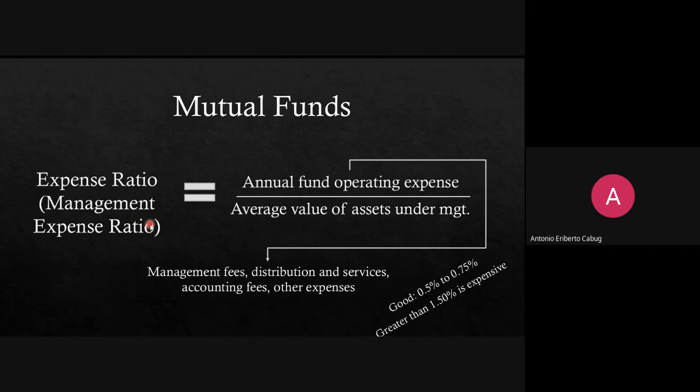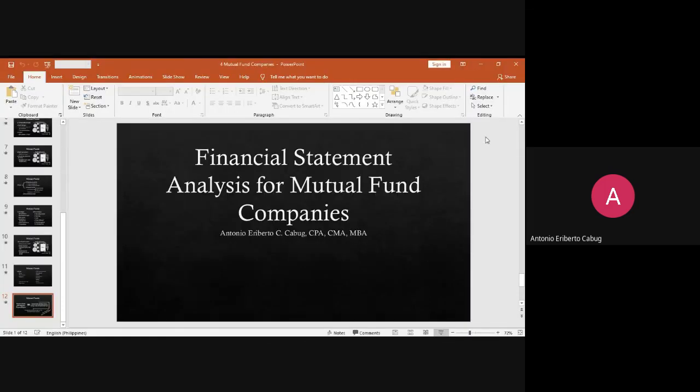The acronym is KIDS. Their monthly KIDS, where you would find the key data of the mutual fund. You have to monitor this monthly document, and by doing so, you can see their management expense ratio.